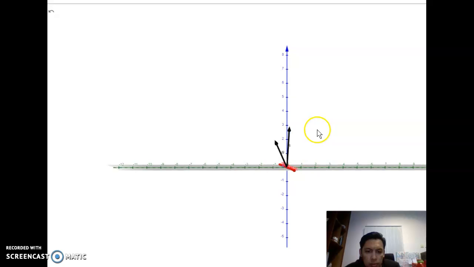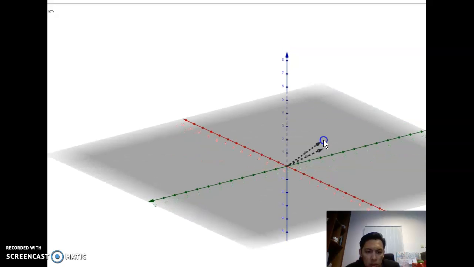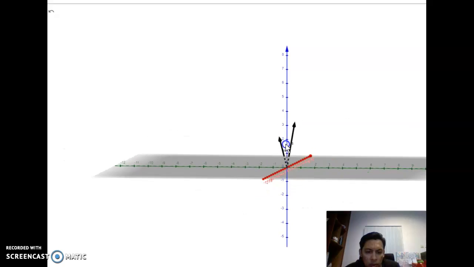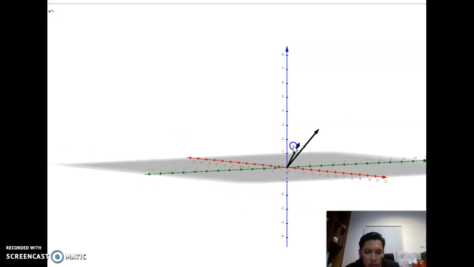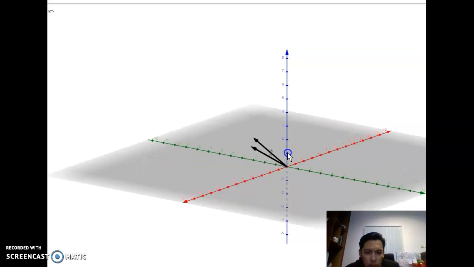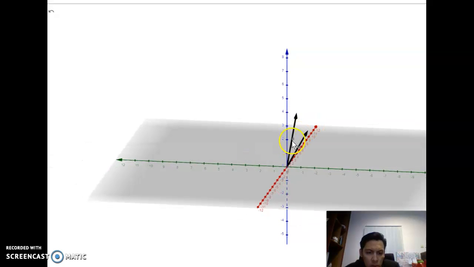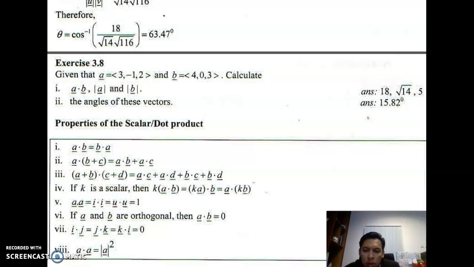As you can see here, the angle of 15.82 degrees is between the two vectors.